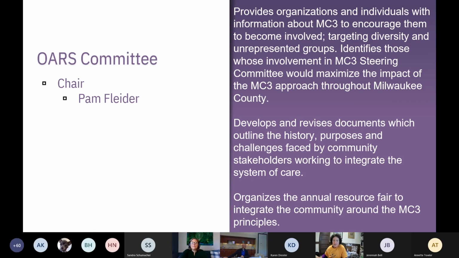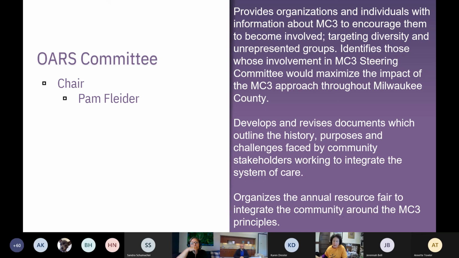Well, the Oars Committee also has the subcommittee of the Jingle Mingle, and so we've already got some participation in what you guys want to see about that. Because we want to broaden the outreach of MC3, we're always looking for ideas on other constituencies, other leaders, other systems that we need to touch base with in terms of reaching out to get people on our steering committee.